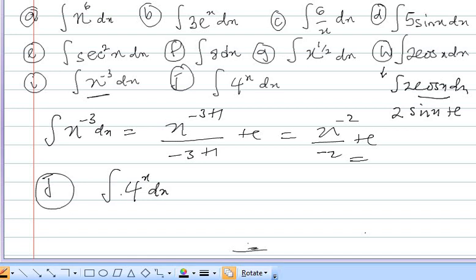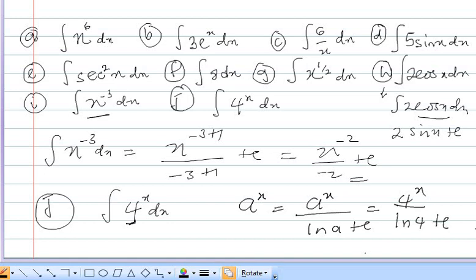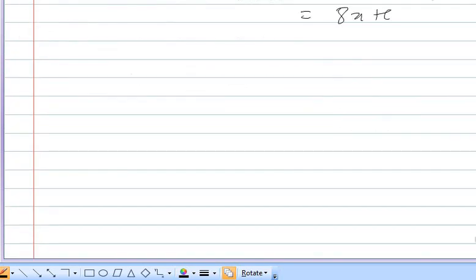So from our table, if you have a raised to the power of x, the integral is a to the power x divided by ln of a plus c. So our a is just 4, so we can say 4 to the power x all over ln 4 plus c. So this is how it works.